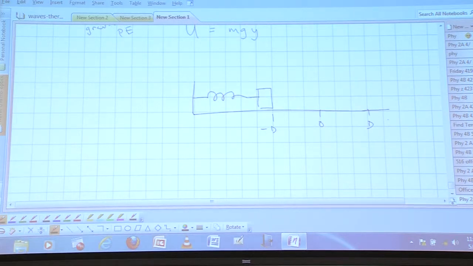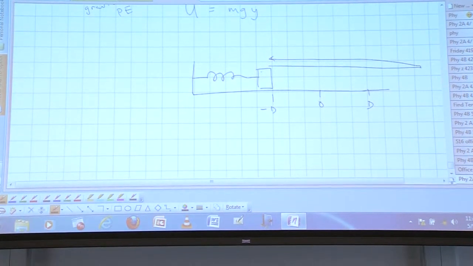And we move it around. Move the mass out to here, then back into here. What's the new energy of our mass?